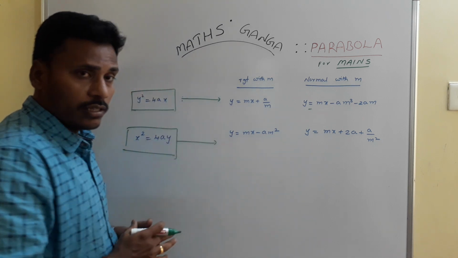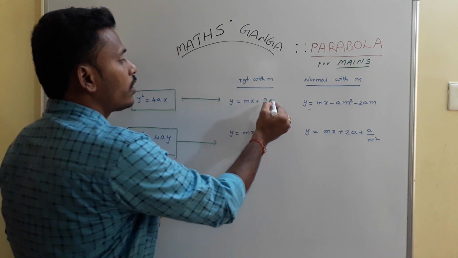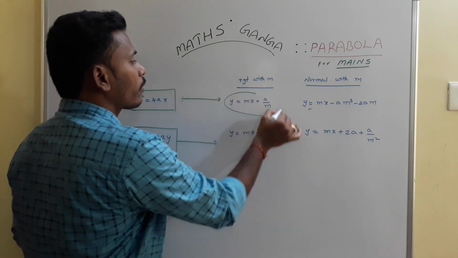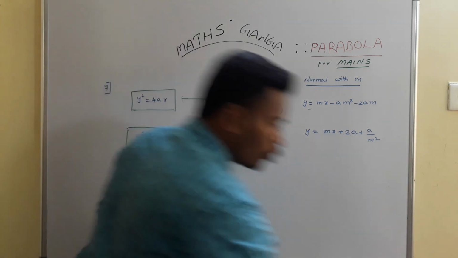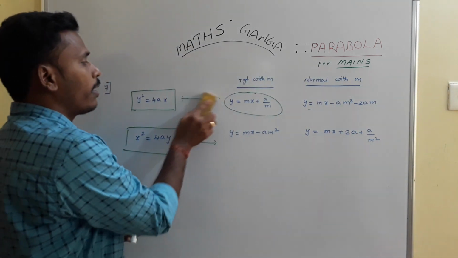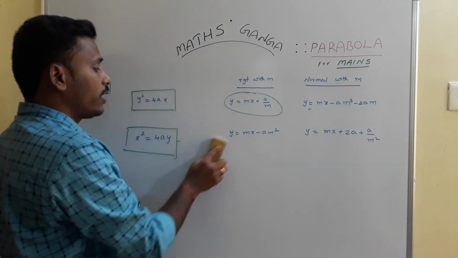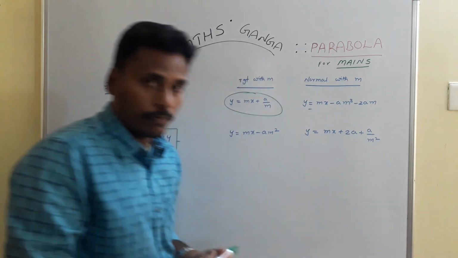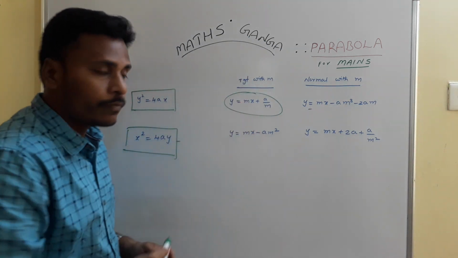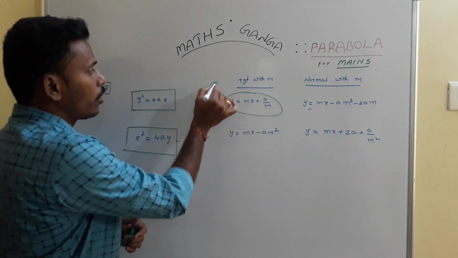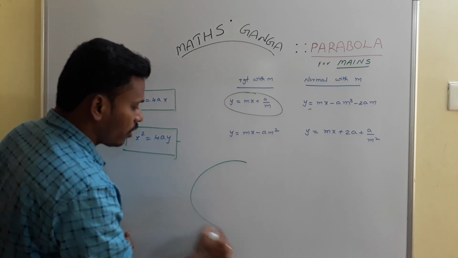So try to memorize these things, and among these, this one is very useful and repeatedly used: y is equals to mx plus a by m is the equation of the tangent with slope m. Suppose this is the tangent for y square is equals to 4ax, and the parabola is like this.